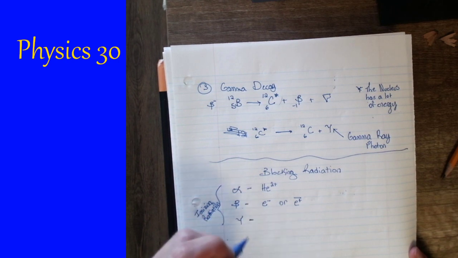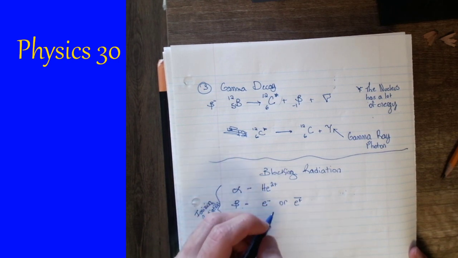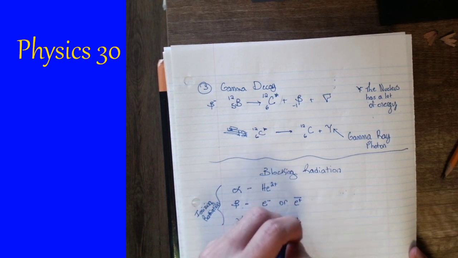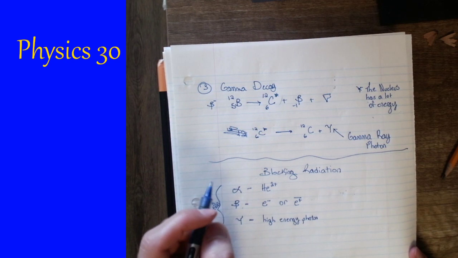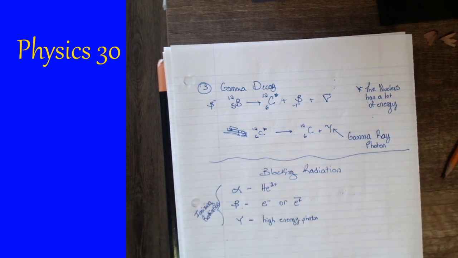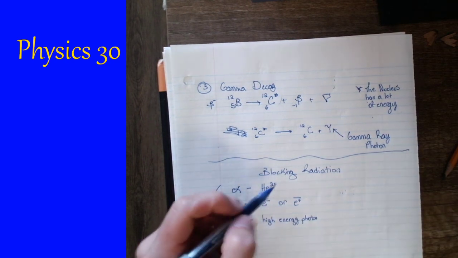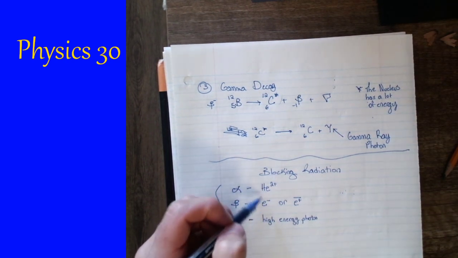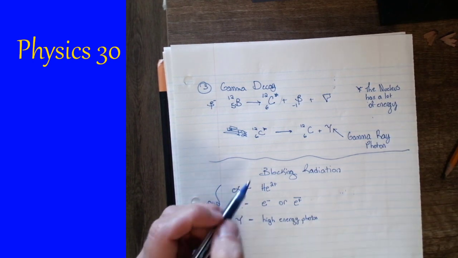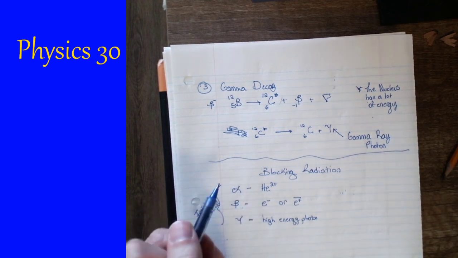And then this is actually just like a high energy photon. So there's a reason we call these ionizing radiation. It's because the first two are charged, and then that's basically going to have problems if it interacts with like life in general.